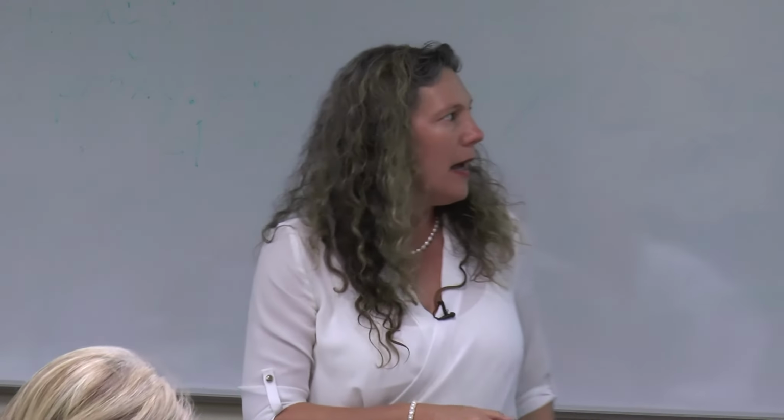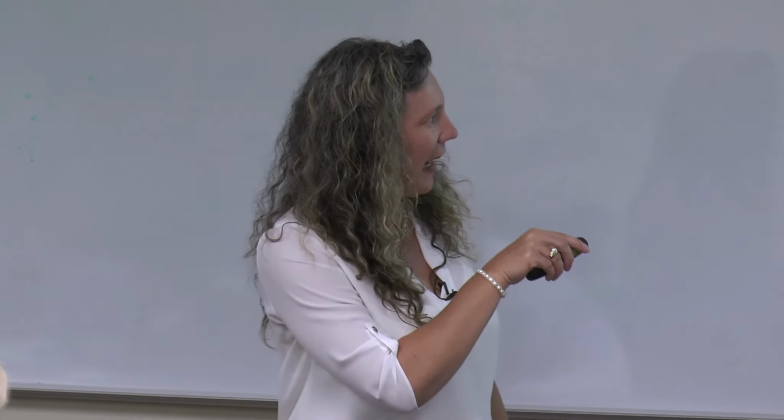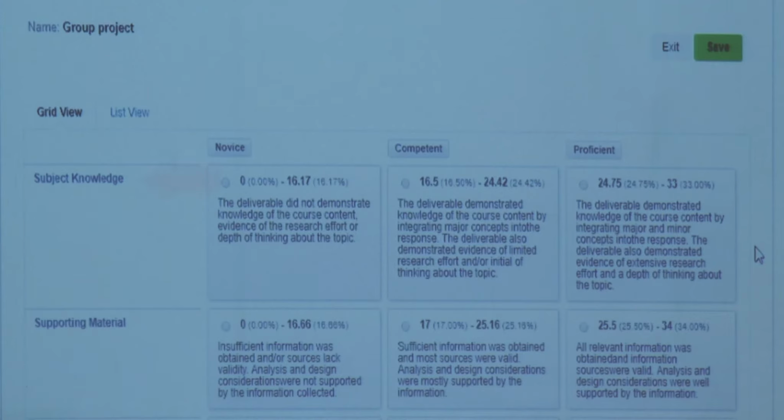Just a note on rubrics. I had to assist a lecturer the other day. He used Turnitin, but what he did is he had the criteria here, and he had the levels of proficiency, or performance levels, at the top. But he had nothing in there.